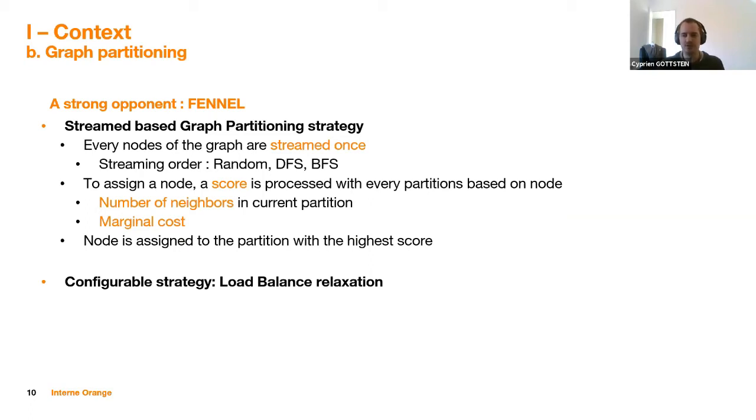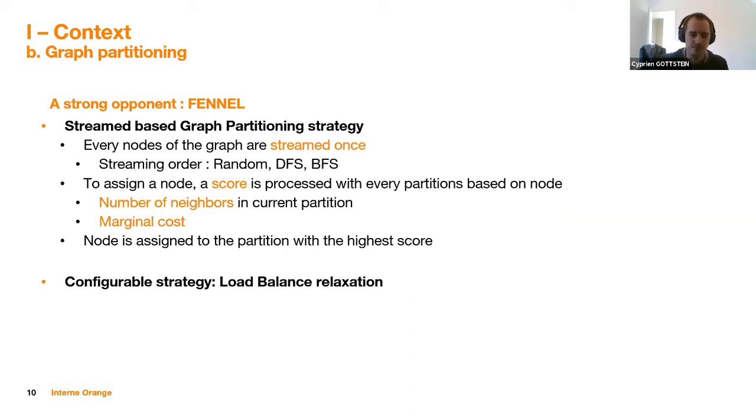And the score is a mix between the number of neighbors of this node you can find in the current partition, and also the marginal cost of adding this particular node into this partition. The number of neighbors is simply to say that if you have a high number of neighbors of the given node within the same partition, you will naturally limit the number of edge cuts. So it is how they build the score. And once you have found the highest score, you just assign the node to the given partition.